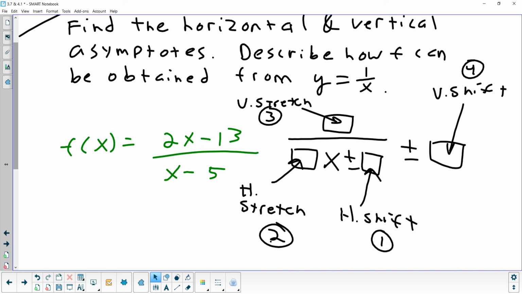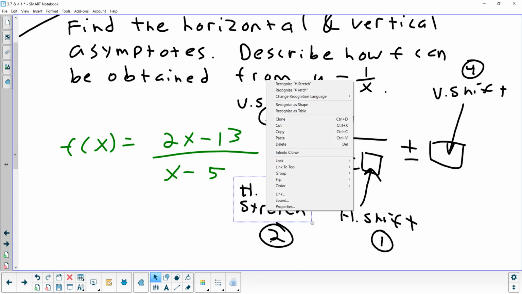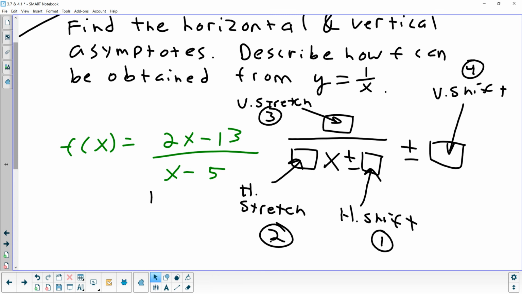Does anybody remember what happens if the number you're stretching by is a negative? It causes the graph to do something. Yep, it'll cause it to reflect. Which axis depends on which one we're talking about. If you put a negative in box 2, that's a horizontal reflection. That causes a reflection like this.